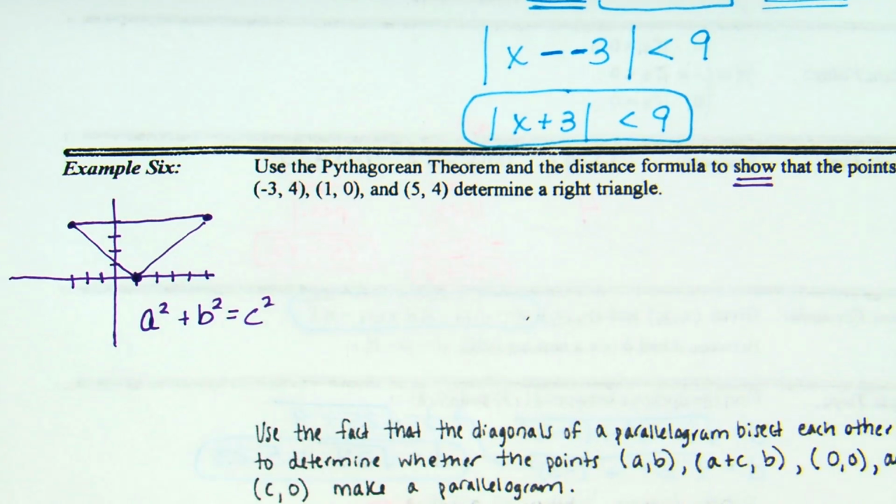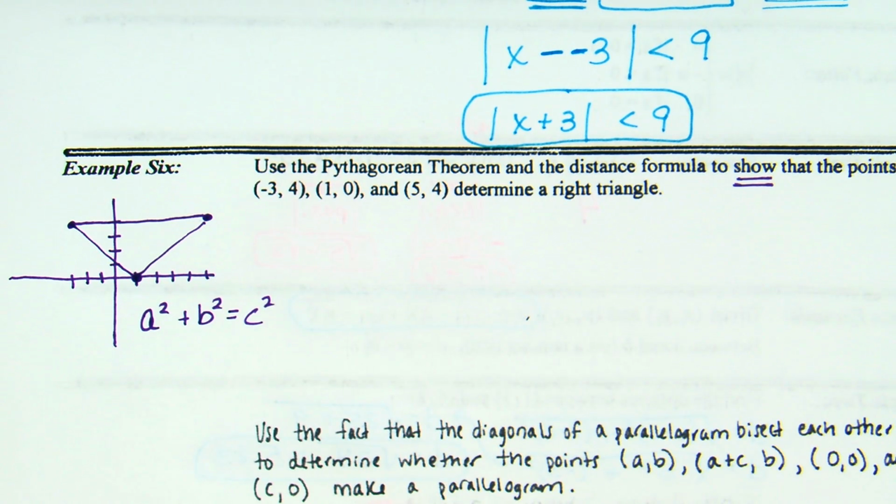You can get the distance between the points with the distance formula. Yeah, for the Pythagorean theorem, you have to know the length of each side, right? And if it makes the Pythagorean theorem true, it's going to be a right triangle. So we're going to have to know those three sides.